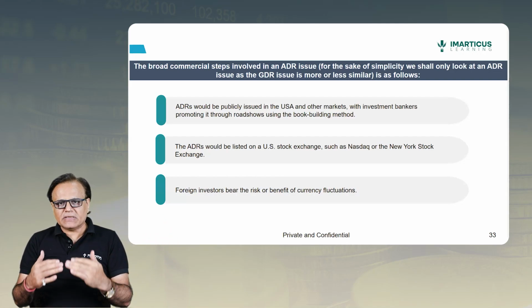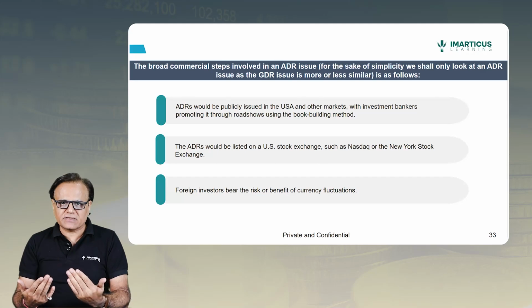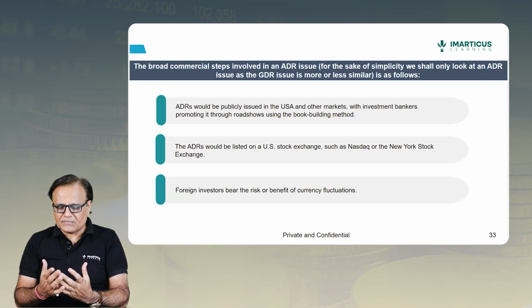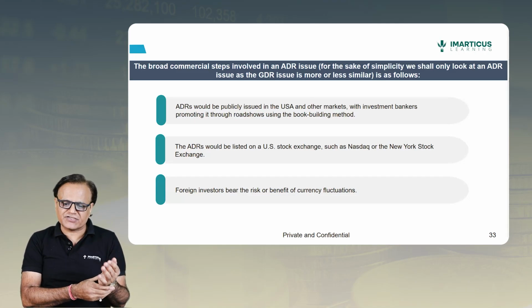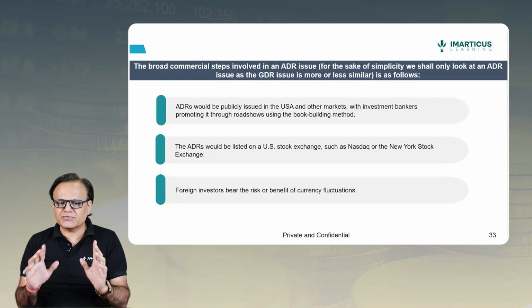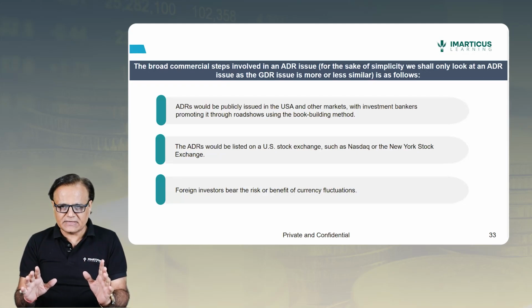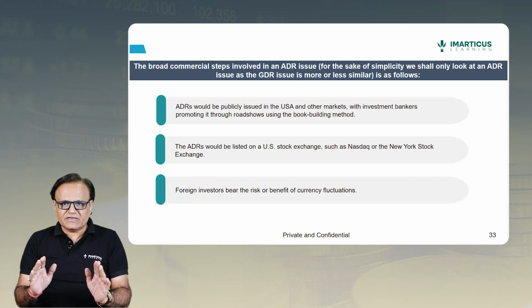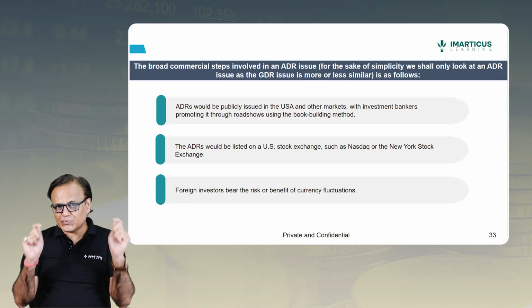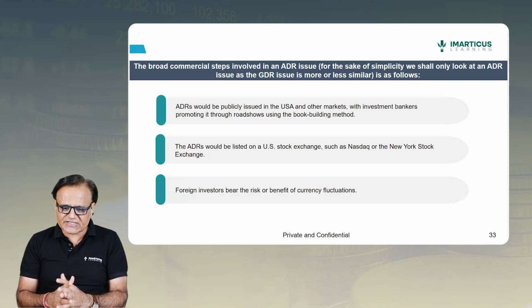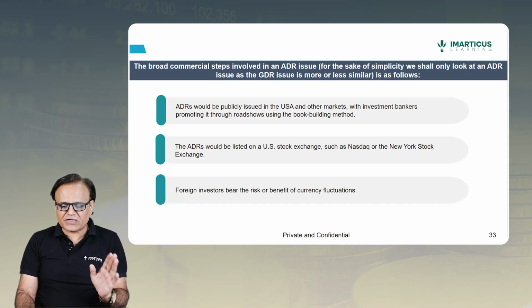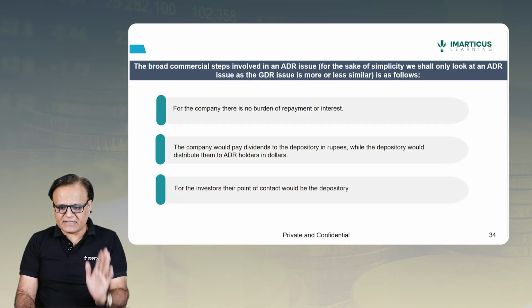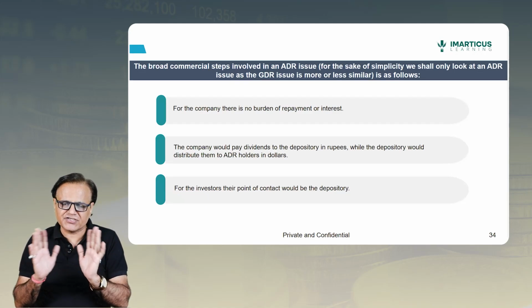Once the investors in the US subscribe to these ADRs, they are then listed on the US stock exchanges for them to be able to trade. Given the fact that there are 2 countries and 2 currencies involved, obviously there's going to be a currency fluctuation risk. The foreign investors bear the risk as far as the currency exchange rates are concerned.